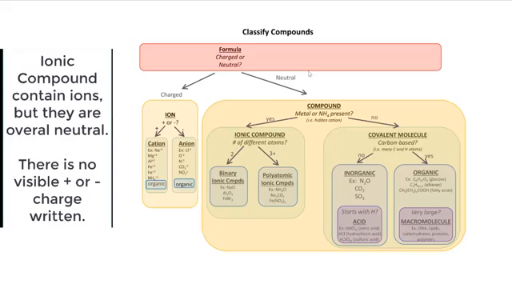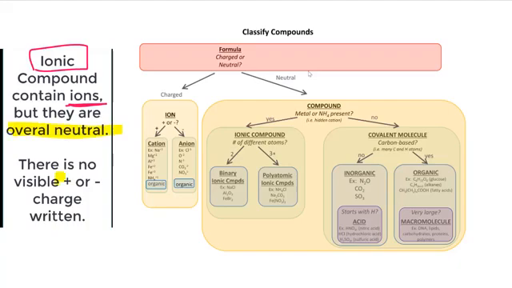In this lecture, we are going to look at the nomenclature of binary ionic compounds using main group metals and transition metals. So, obviously, ionic compounds contain ions, but the biggest thing to remember is that they are neutral compounds overall.